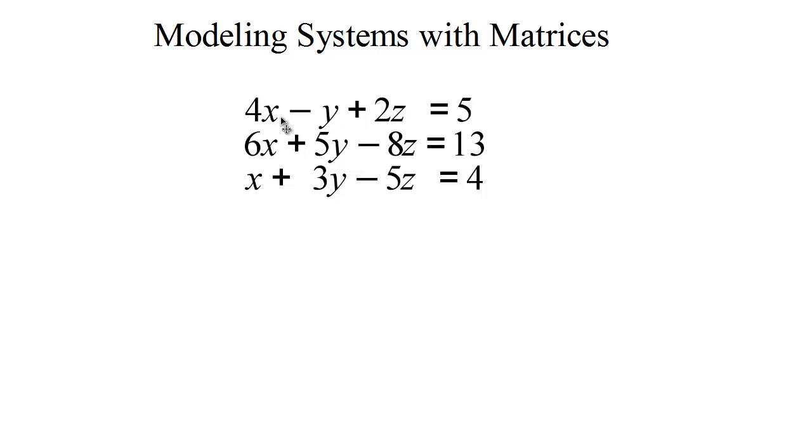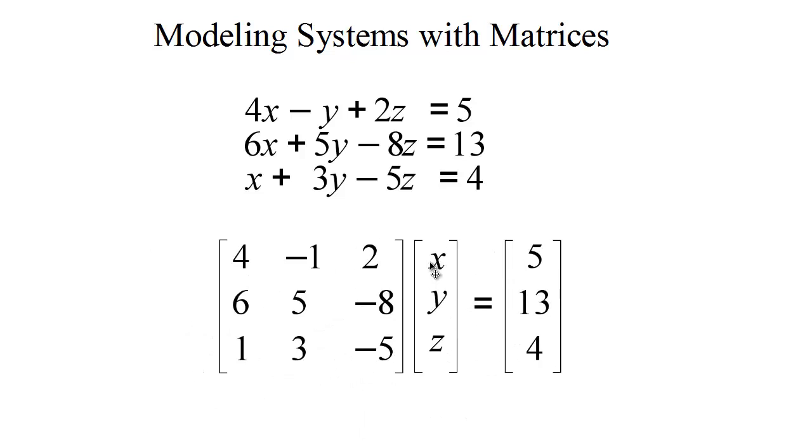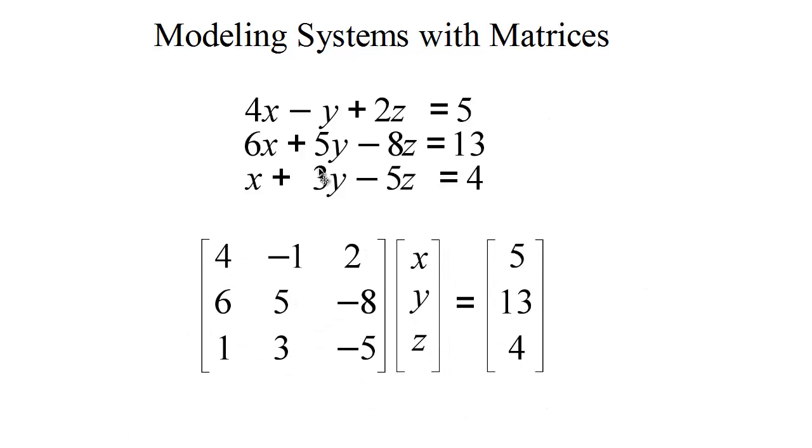This is a system of 3 variables with 3 linear equations, and you can see each of the x's has a different coefficient, the y's have their own coefficients, and the z's have their own coefficients. And there's this right-hand column that represents what each of those linear systems is equal to. And we can represent that with a matrix where the first column represents all the x coefficients, the second column the y coefficients, and the third column the z coefficients.